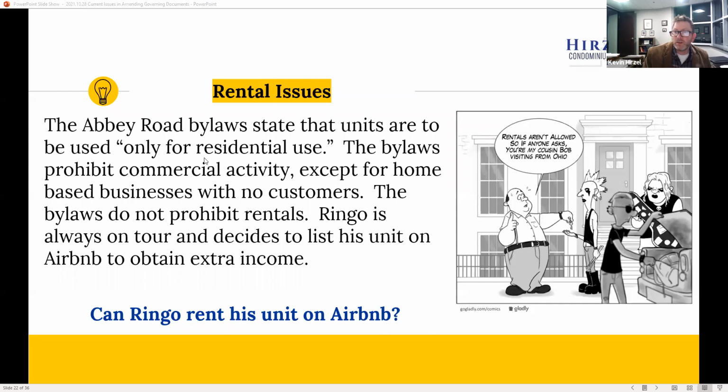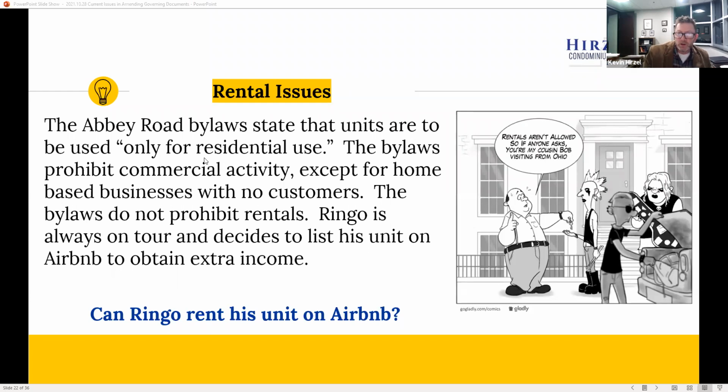Okay, so one of the questions, if every case of commercial use has been consistently applied, that's the other issue, is that, as you can probably imagine, this issue, whether a property can be used for short-term rentals or longer-term rentals, is not universally applied in every situation. Boards of directors come and go. People have different sensibilities. Different communities with the same language have different interpretations based upon where they are.